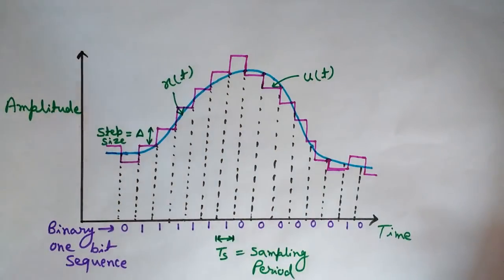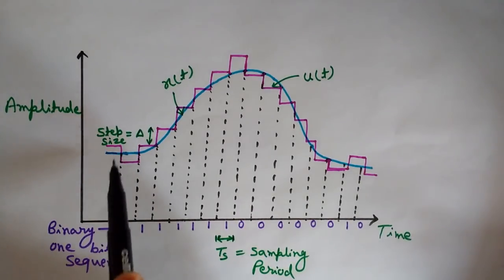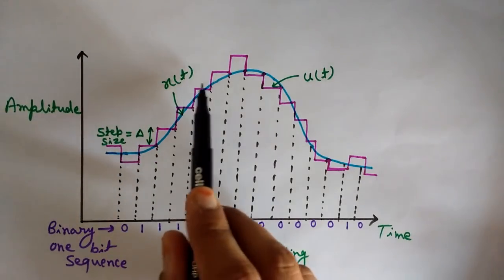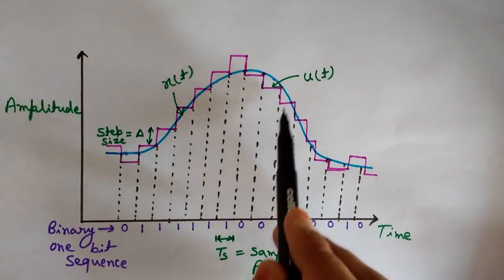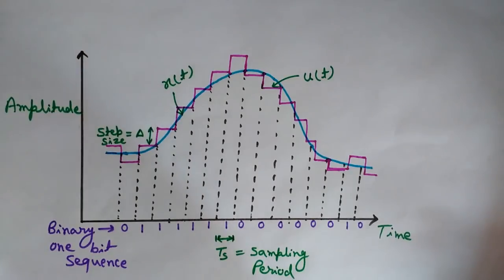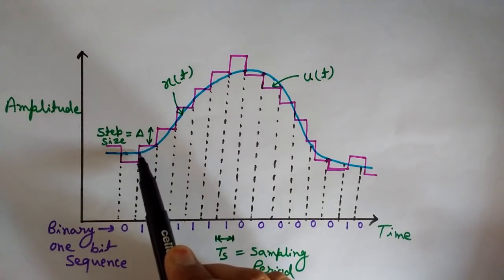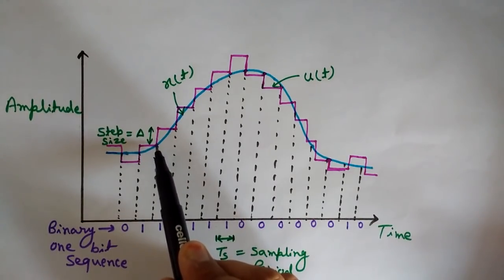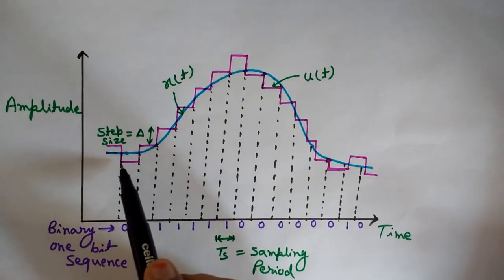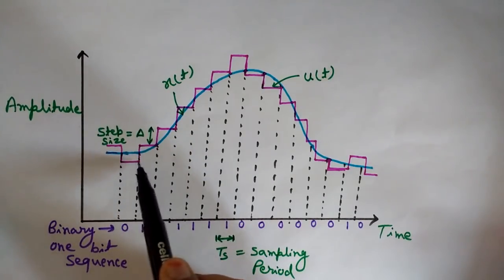And x̂(nTs) is the last sample approximation of the staircase waveform. This pink staircase is the approximated waveform, and the last approximated value for this x(nTs) part is this one.